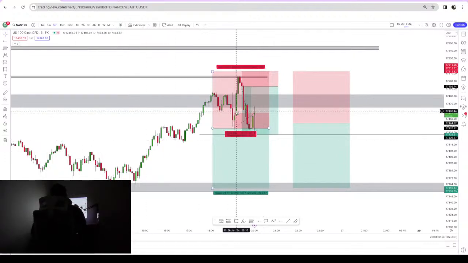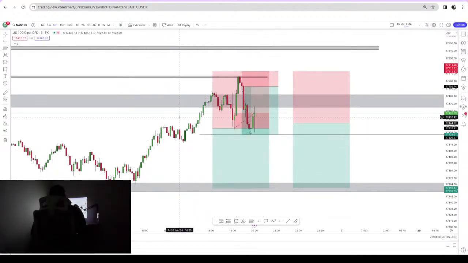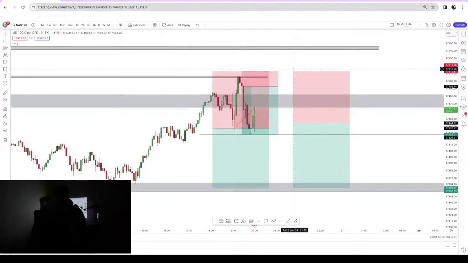If any candle after this or this closes below this zone, I'll add more position. And if it kicks us out, then it's over. It's also quite possible that the market may rise here, but I think it will fall down.